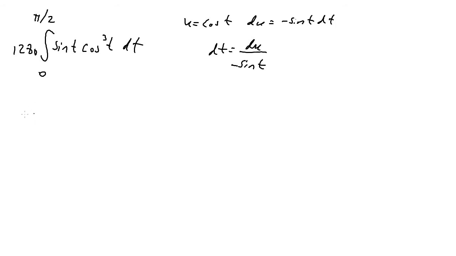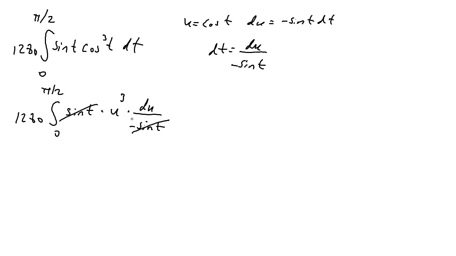If I go ahead and substitute everything back in, we get 1280 times the integral from 0 to pi over 2 of sine of t times u cubed, since we set u equal to cosine of t, times dt, which is going to be du over negative sine t. Realize the signs will cancel. A negative can come outside the integral as a constant, so we have negative 1280 times the integral from 0 to pi over 2 of u cubed du.